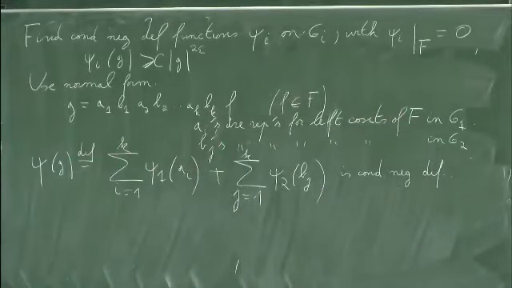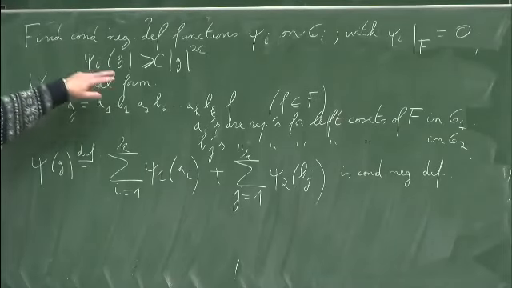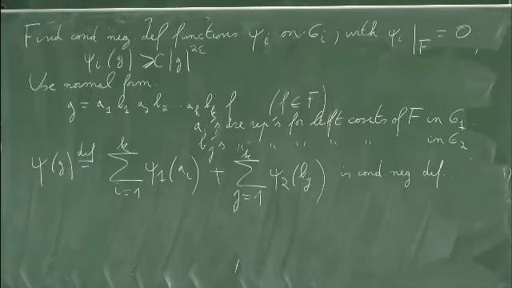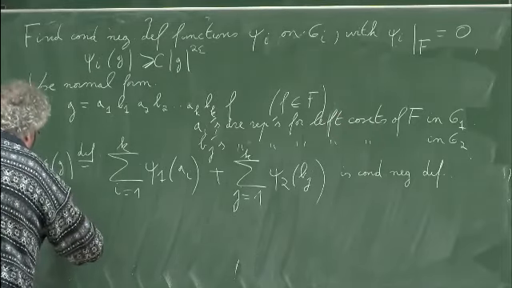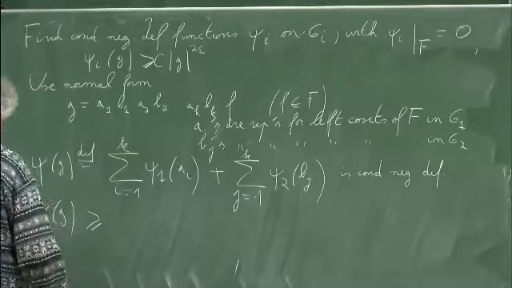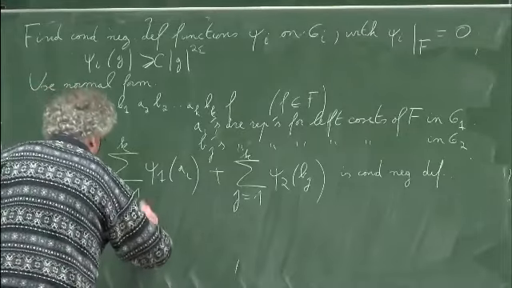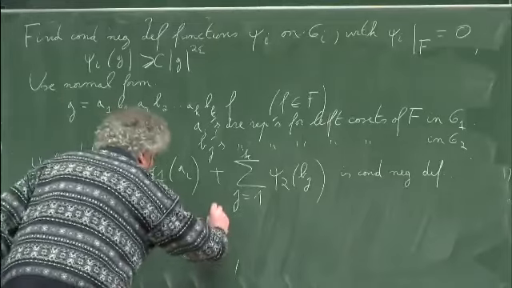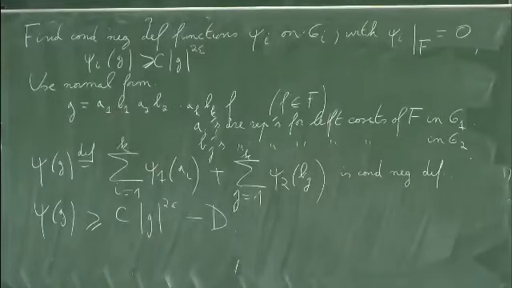And from this, using the lower bound that we have on psi1 and psi2, it's not difficult to see that psi of g will be greater than C |g| to the 2 epsilon minus some constant.